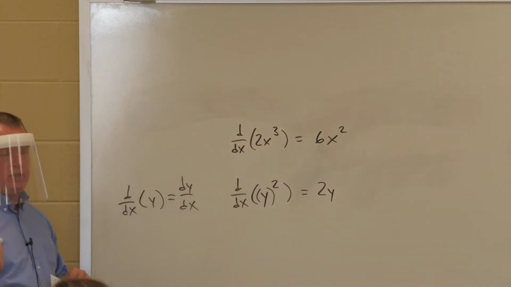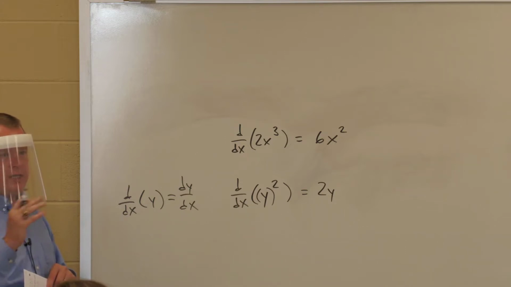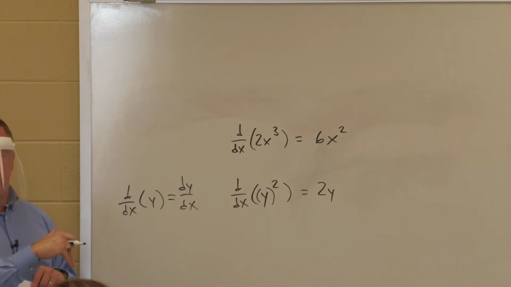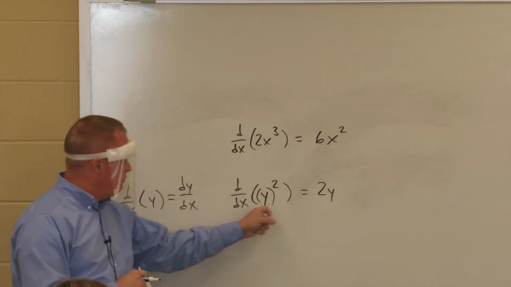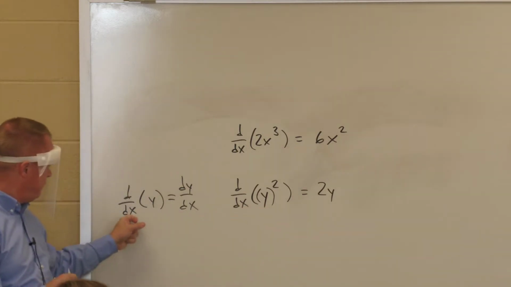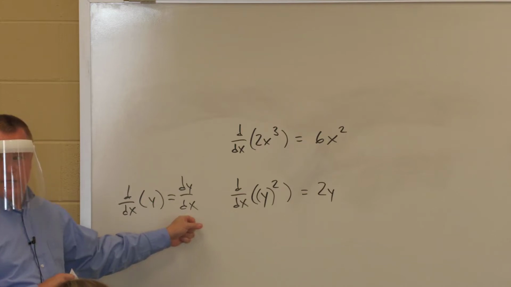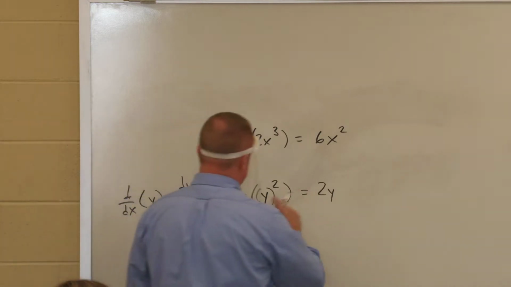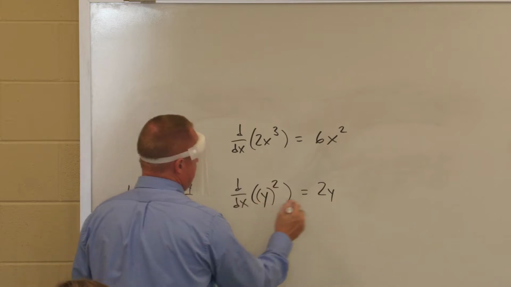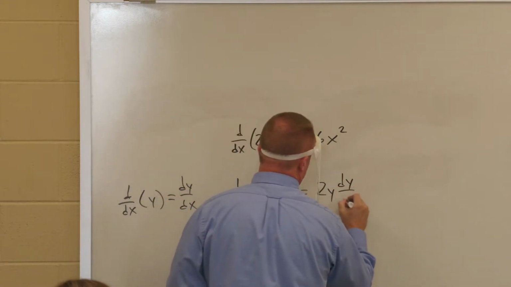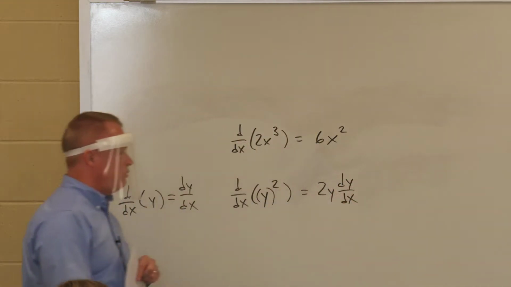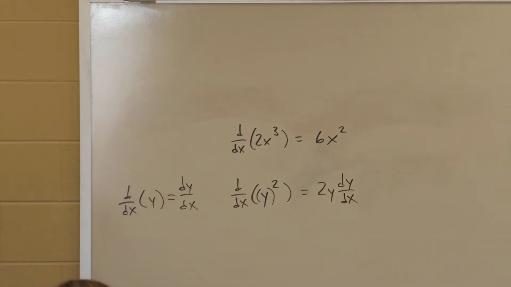What does chain rule say? You take that, then you multiply by the derivative of the inside. What is the derivative of y? Well, the derivative of y with respect to x is dy dx. So the derivative of y squared with respect to x is 2y times dy dx. Okay?